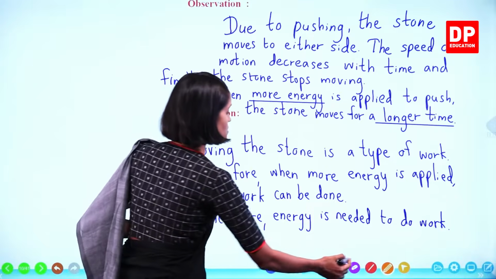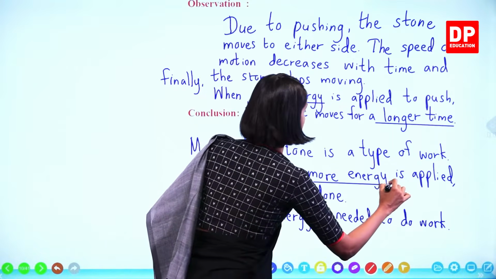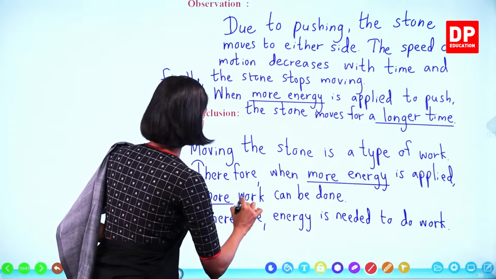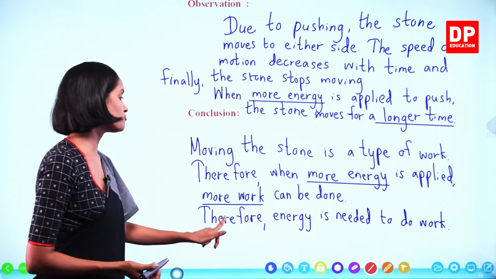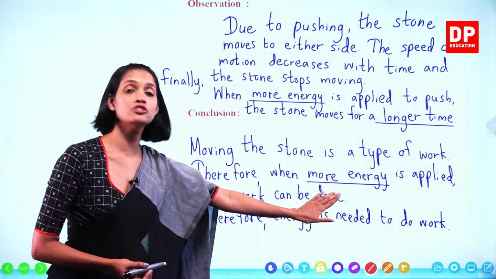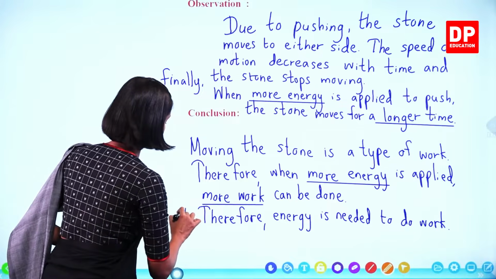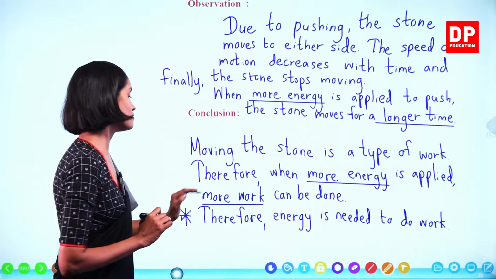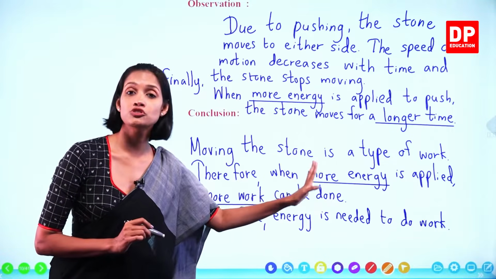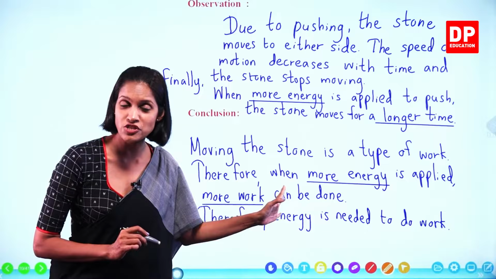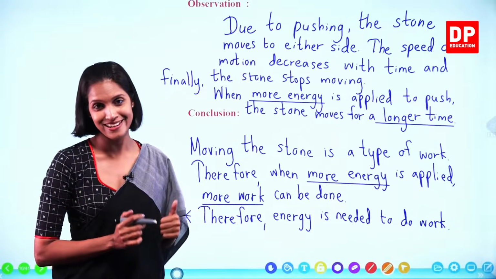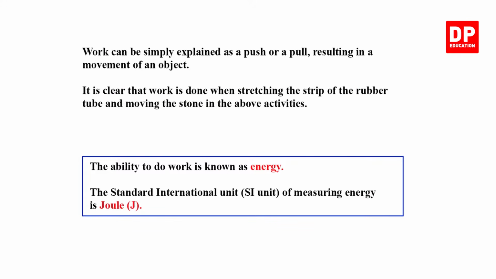Therefore, when more energy is applied, more work can be done. Therefore, energy is needed to do work. This is the conclusion of the experiment. Right? Energy is needed to do work. Without energy, we can't do work. Right? We'll move on to the next.